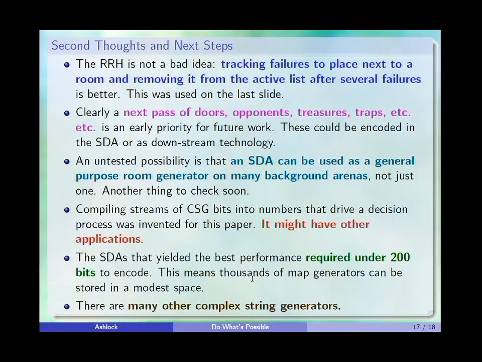And then, in other work I've done, I have a whole lot of other complex string generators besides the self-driving automata. One of them is a very simple GP system that only has 3 commands: print 0, print 1, and go to somewhere else, except the go-to only works every other time you execute it, which means the go-tos can jump past one another and create a very complex system.